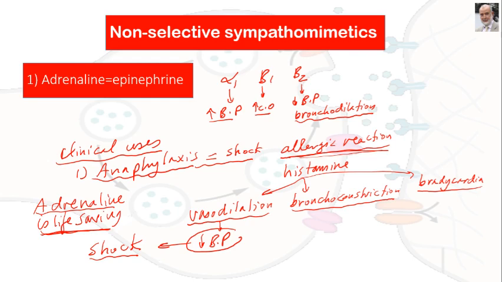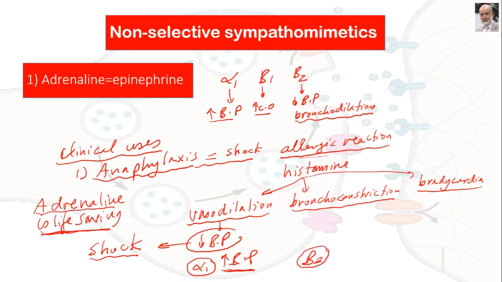Adrenaline will act on alpha-1 receptors in blood vessels, producing vasoconstriction and increasing the blood pressure. This is the first antagonism. It will act on beta-2 receptors in the lung, producing bronchodilation.